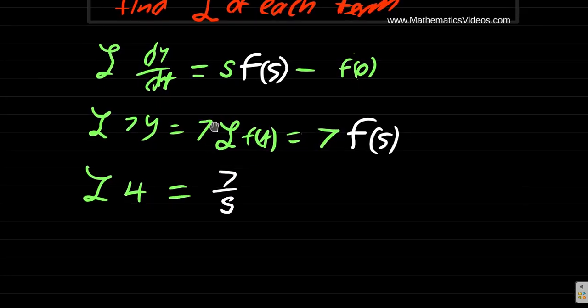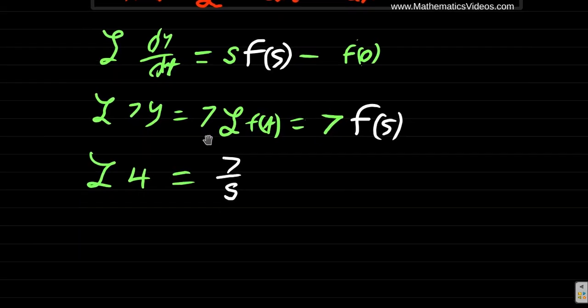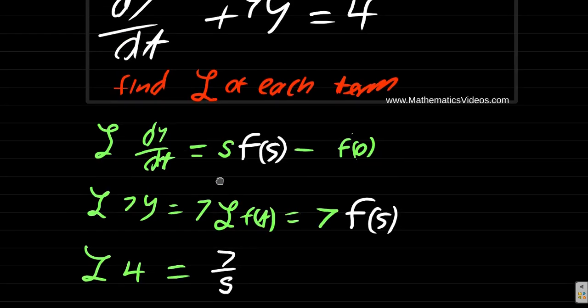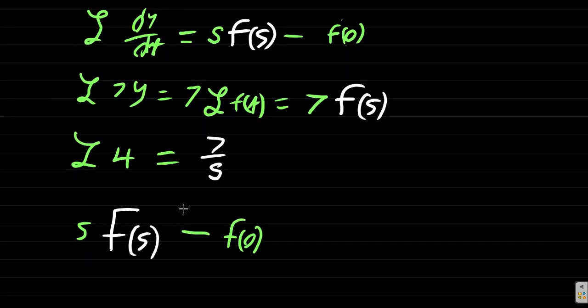What we have, Laplace transform of dy by dt, what we have is s, big F of s, minus f of 0, whatever that will be, then plus 7 F of s, this big F of s, right?